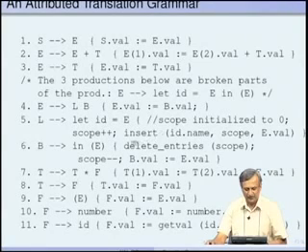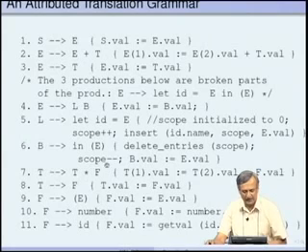In this production a new scope is generated, and the name is inserted with the new scope. And once we complete this entire production, the entries of the previous scope are deleted, the scope number is reduced, and we return.